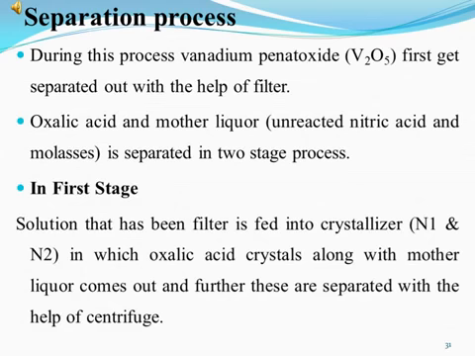During this process, vanadium pentoxide, which is used as a catalyst, is first separated out with the help of a filter. Oxalic acid and mother liquor, unreacted nitric acid and molasses are separated in two stages.